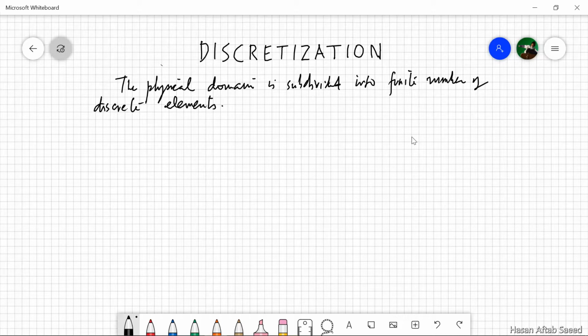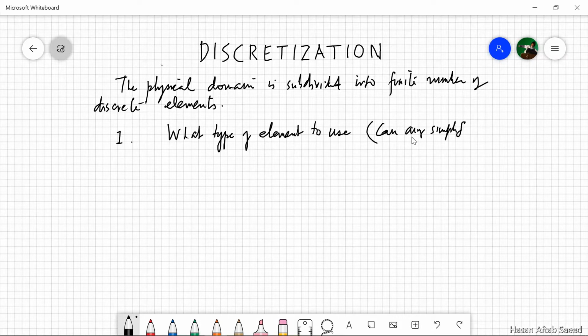Number one, what kind of elements? What type of element to use? And this is linked with another problem. Can any simplification be made in our model?